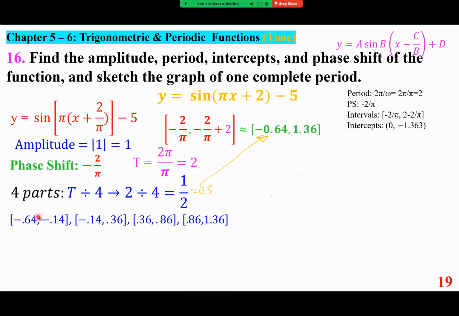And so we get the proper answers. When we add 0.5 here, we get positive 0.36. When we add 0.5, we get positive 0.86. And to 0.86, we add 0.5, we get 1.36.